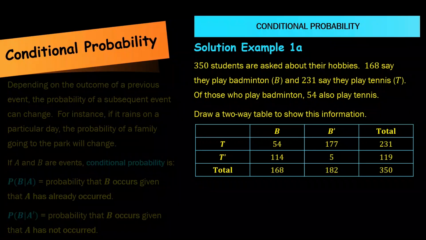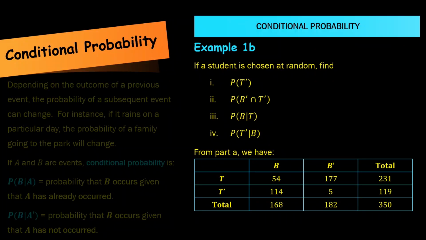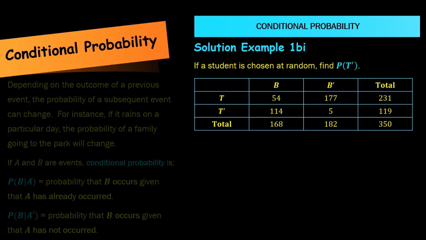And now for Part B, we can use the table from Part A in order to calculate these probabilities. So in Part 1, we're required to find the probability of somebody not playing tennis. This is equal to 119 divided by 350, which is equal to 0.34.